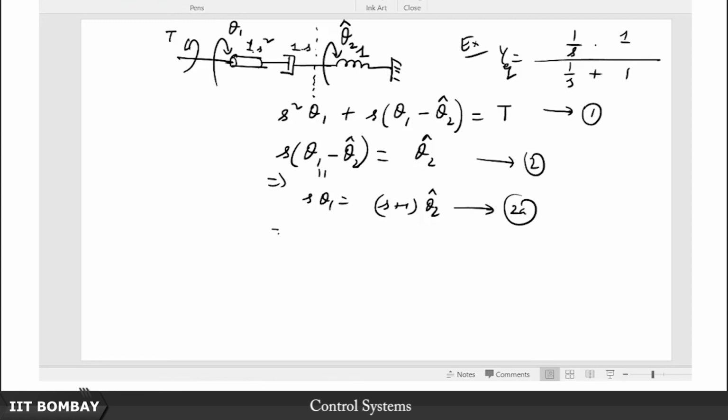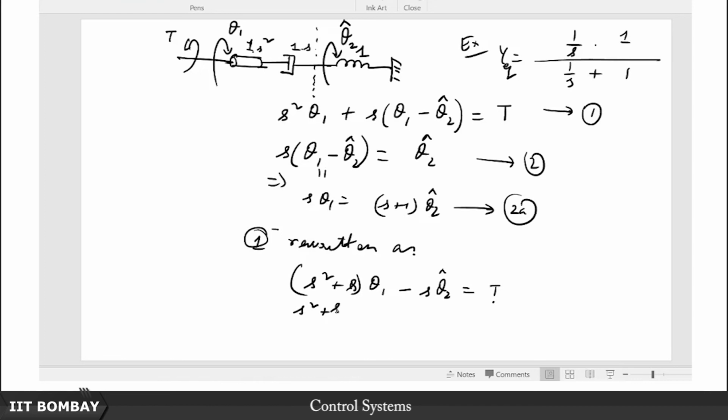So the first equation can be rewritten as (S squared plus S) theta 1 minus S theta 2 hat is equal to T. Now you replace theta 1 in terms of theta 2 hat: (S squared plus S) times (S plus 1) by S theta 2 hat minus S theta 2 hat is equal to T, right.